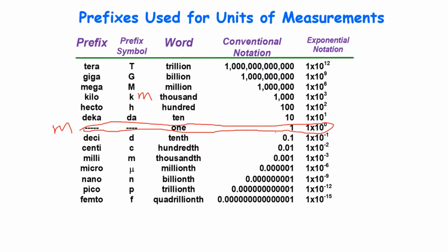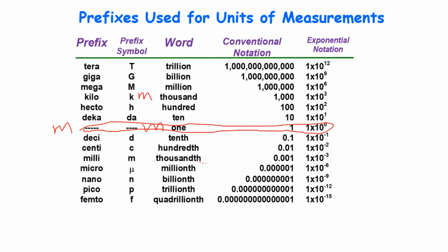Here the base unit is meter. Then you can go up. You can have mega, that's a million, and tera, that's a trillion. So a trillion is 10 to the 12th, a million is 10 to the 6th, and kilo is 10 to the 3rd.